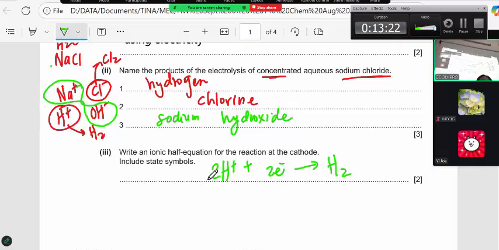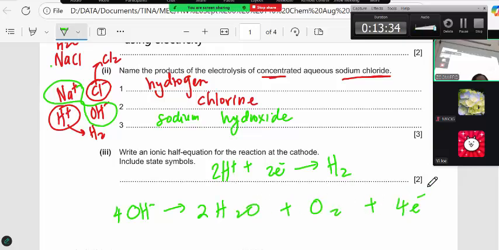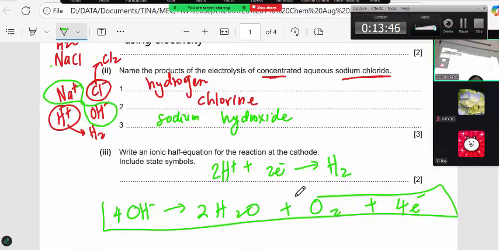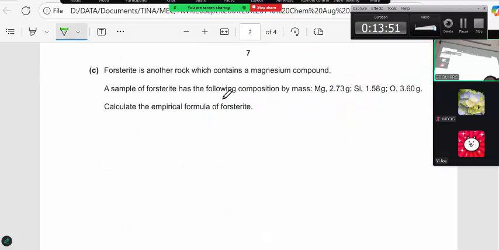If it's diluted, you choose OH. OH negative is like that. I think you got these two mixed up. Okay, this is the hydroxide one.